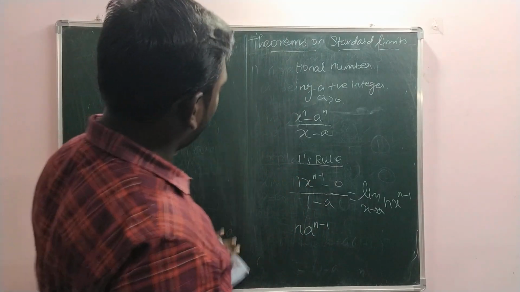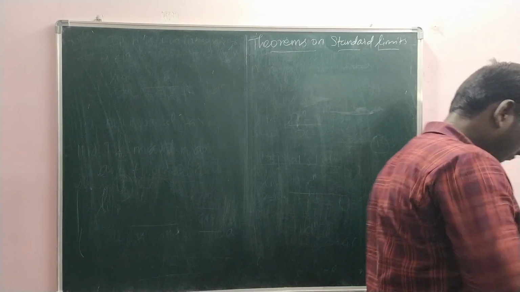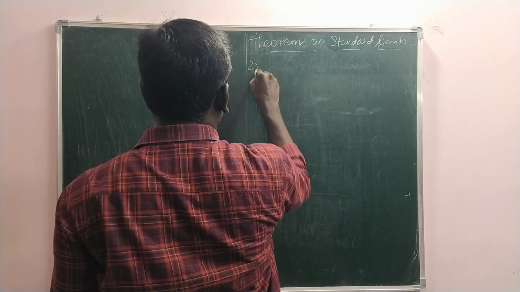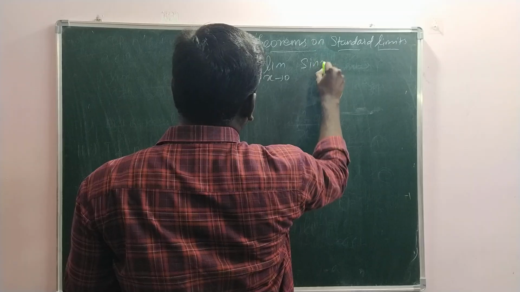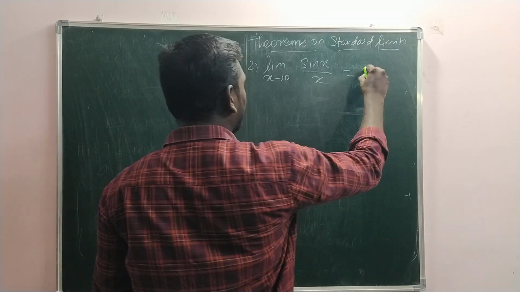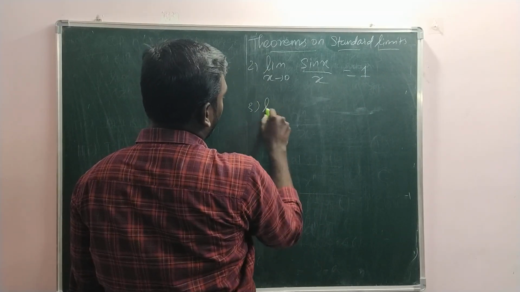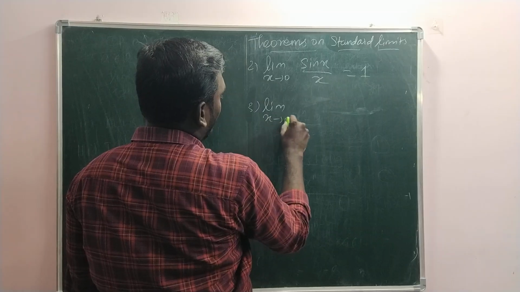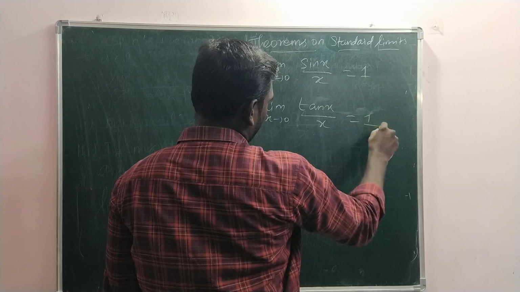Okay, and one more result. Limit x tends to 0, sin x by x is equal to 1. And the third one, limit x tends to 0, tan x by x is equal to 1.